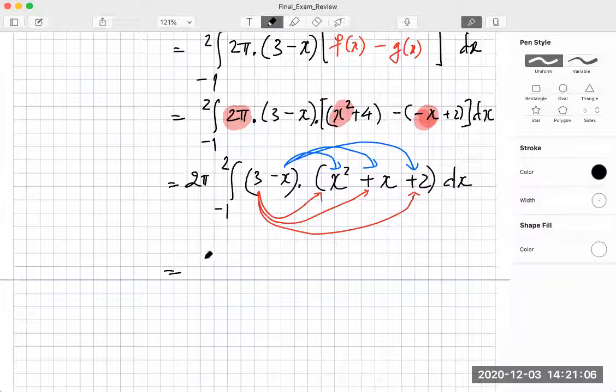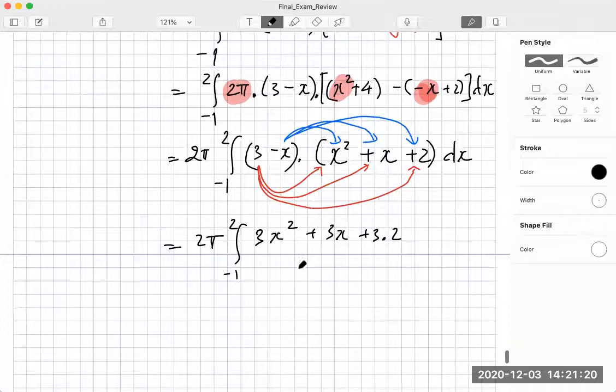I'm sorry, I'm taking more than an hour. Here, it will be 3 times minus x squared plus 3x plus 3 times 2, and then subtract x cubed minus x squared, and the last one is minus 2x, dx.